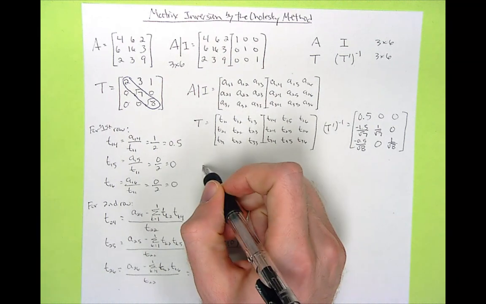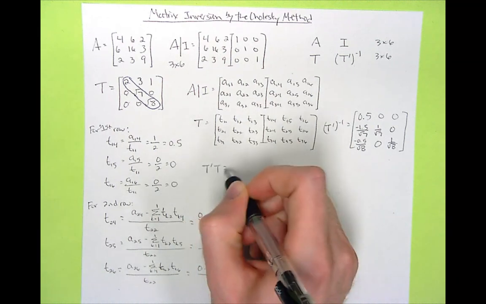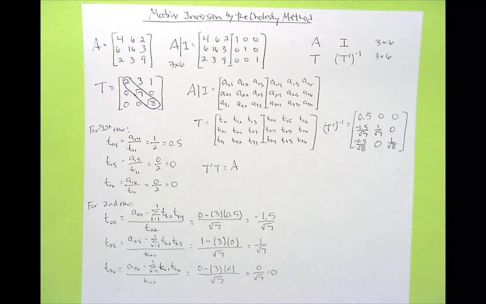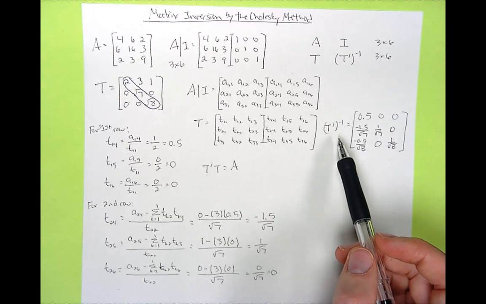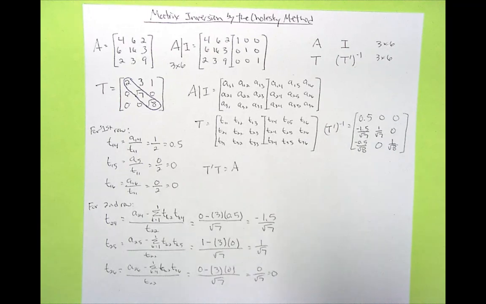We did transpose of T times T equals A. Similarly, it can be demonstrated that the lower triangular inverse root matrix, this one that we just got, is the inverse of T by executing either of the following two equations and obtaining the identity matrix I as the product.